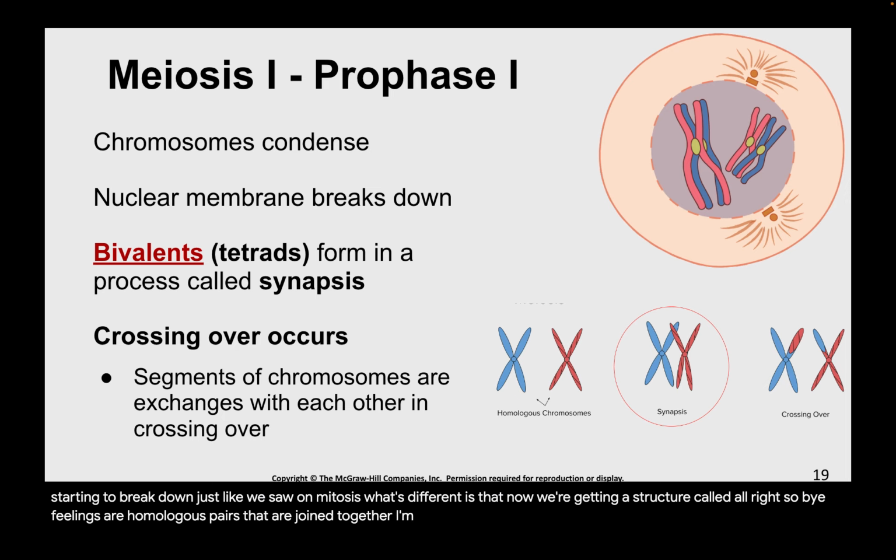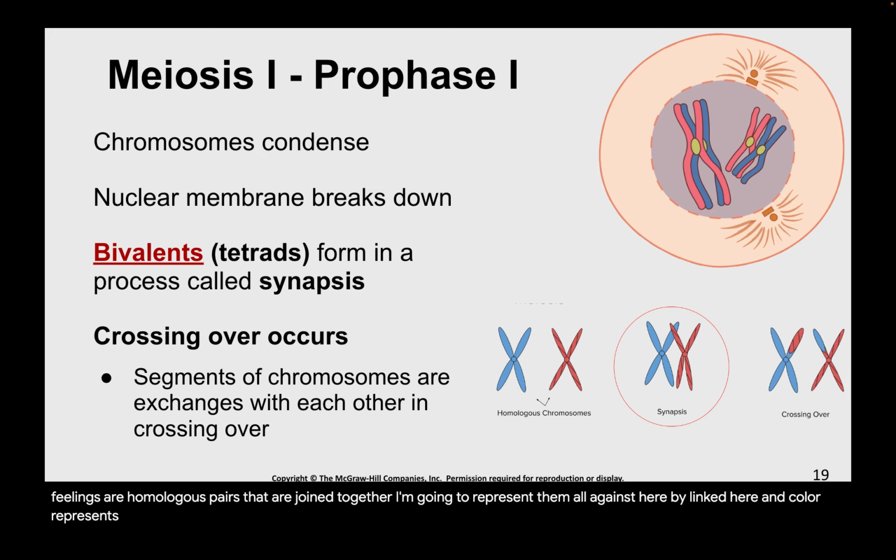I'm going to represent a homologous pair by length here, and color represents which parent it's from, mom or dad. When we form a tetrad, we're essentially pairing pairs together, like we're physically attaching them together.